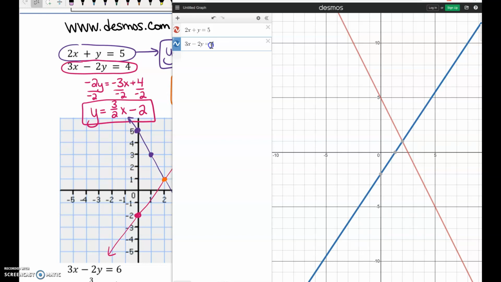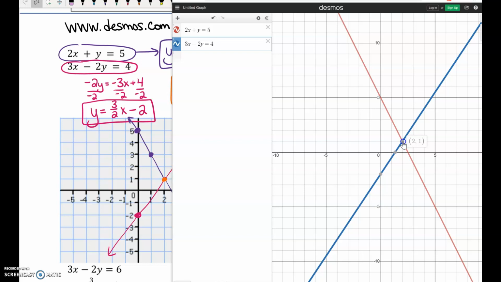You don't have to rearrange the equation in Desmos at all. Then you can take your mouse and hover over this point where they meet, and it tells you the coordinates of that point. That point is 2, 1.